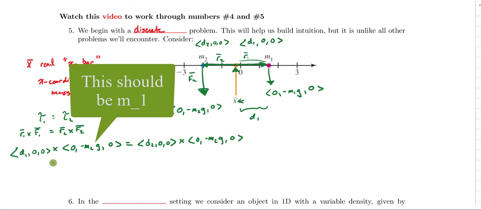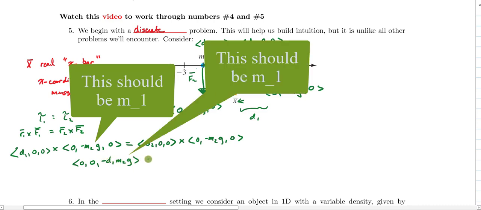If we perform that cross product, we end up with 0, comma, 0, comma, minus d1 m2g needs to equal the vector 0, comma, 0, comma, minus d2 m2g. And of course, two vectors are only equal if their coordinates are equal. So we get minus d1 m1g needs to equal minus d2 m2g.